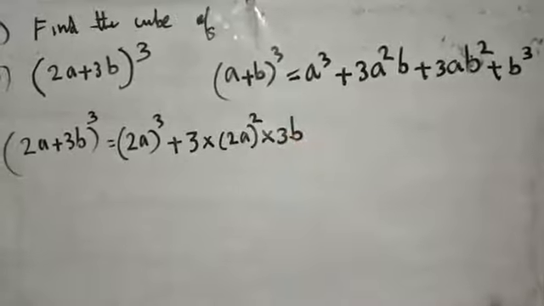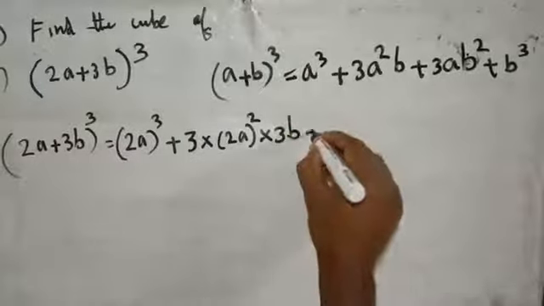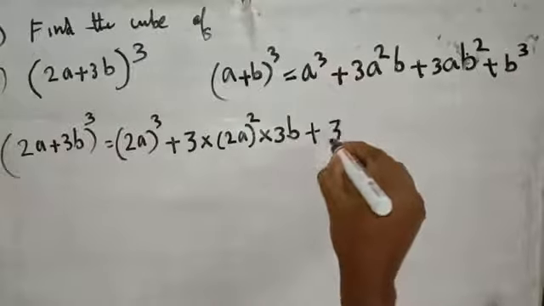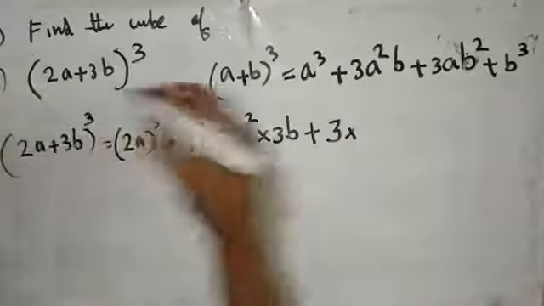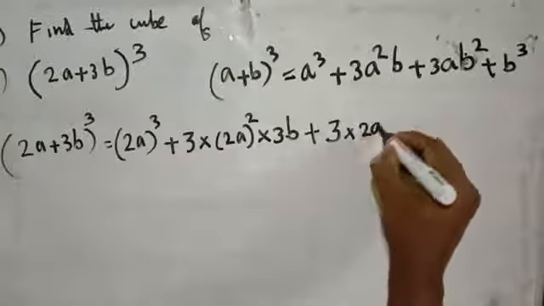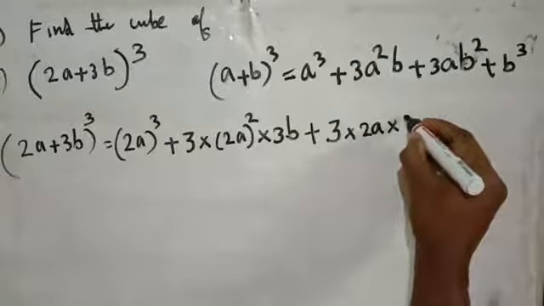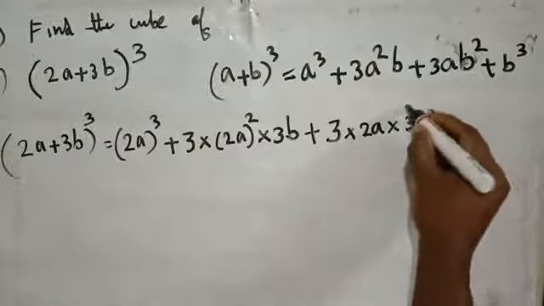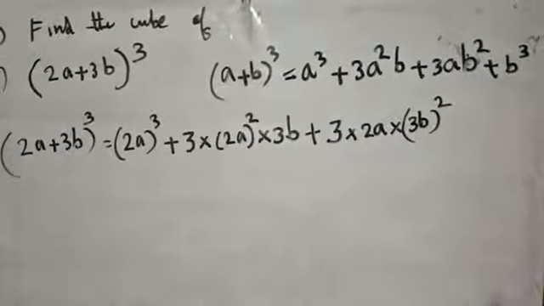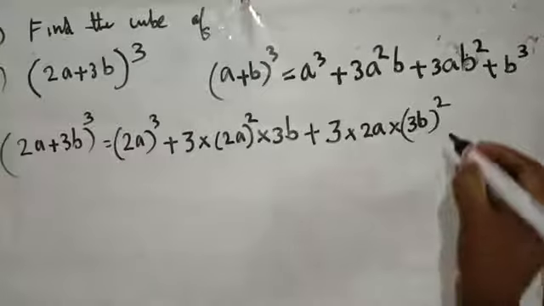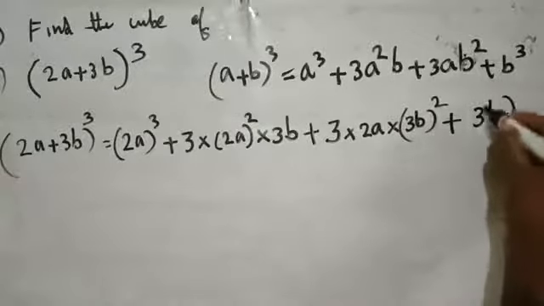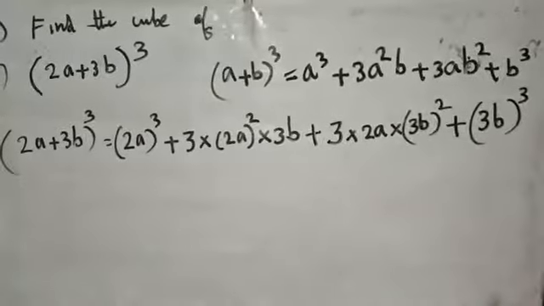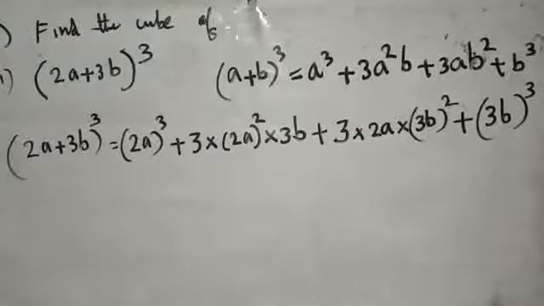In the place of b, it is 3b, plus 3ab square. 3 into what is our a? 2a into what is our b? 3b square, plus b cube. What is our b? 3b. So 3b the whole cube.